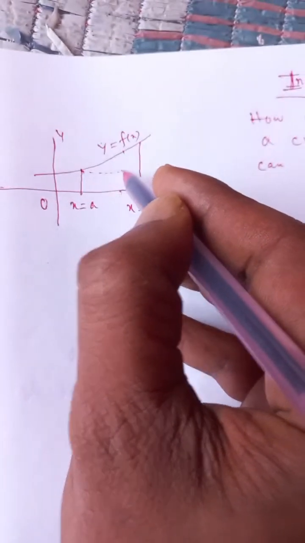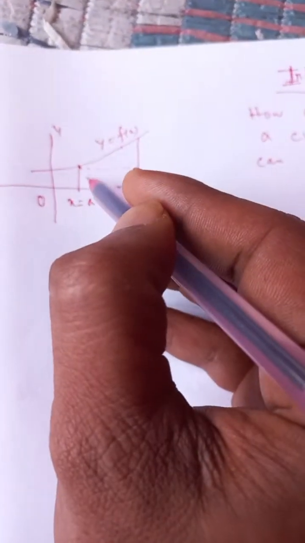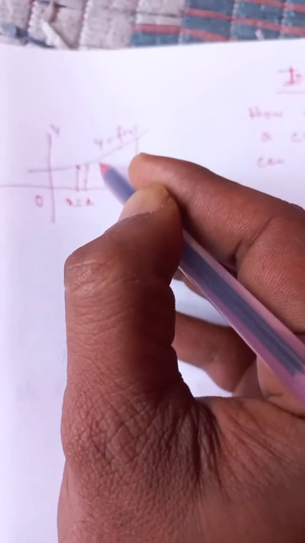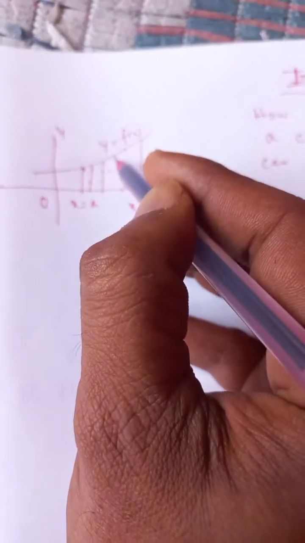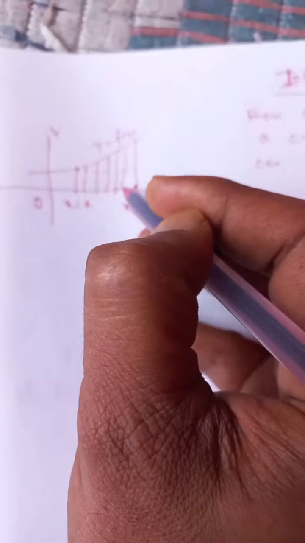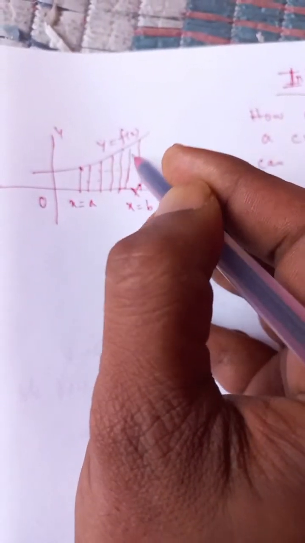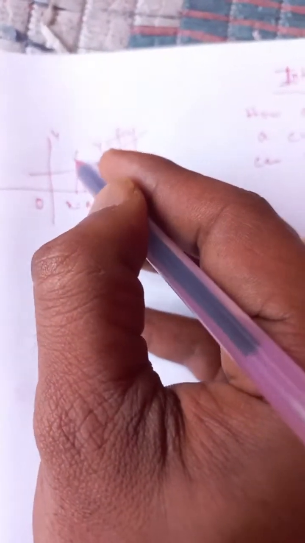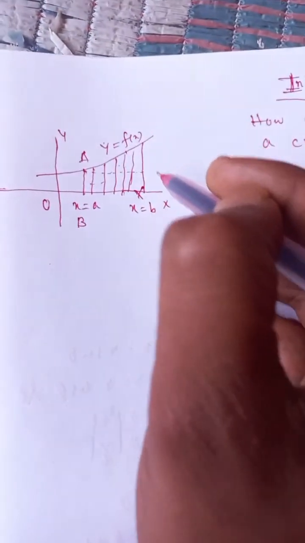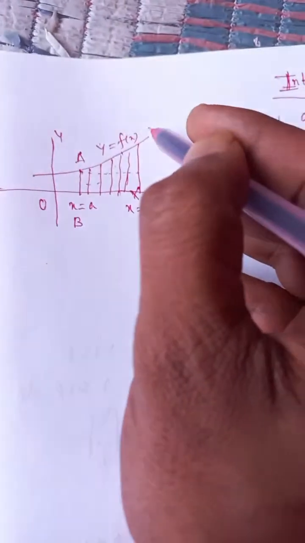Now we have to find out this whole area enclosed by the points A, B, C, and D.